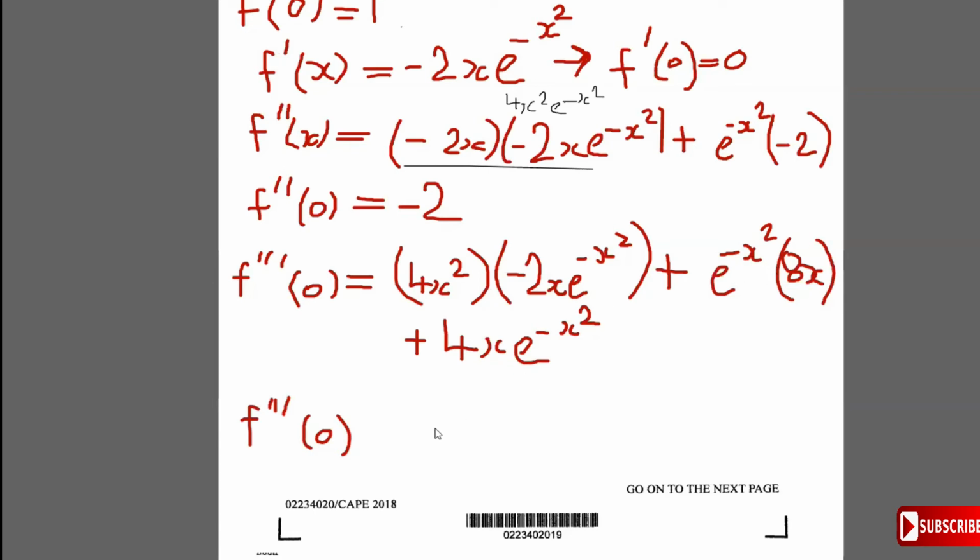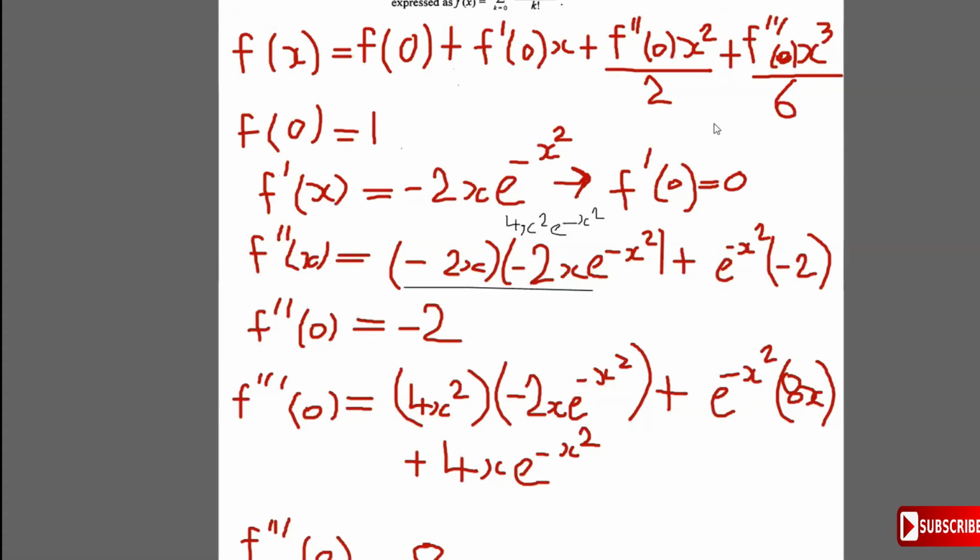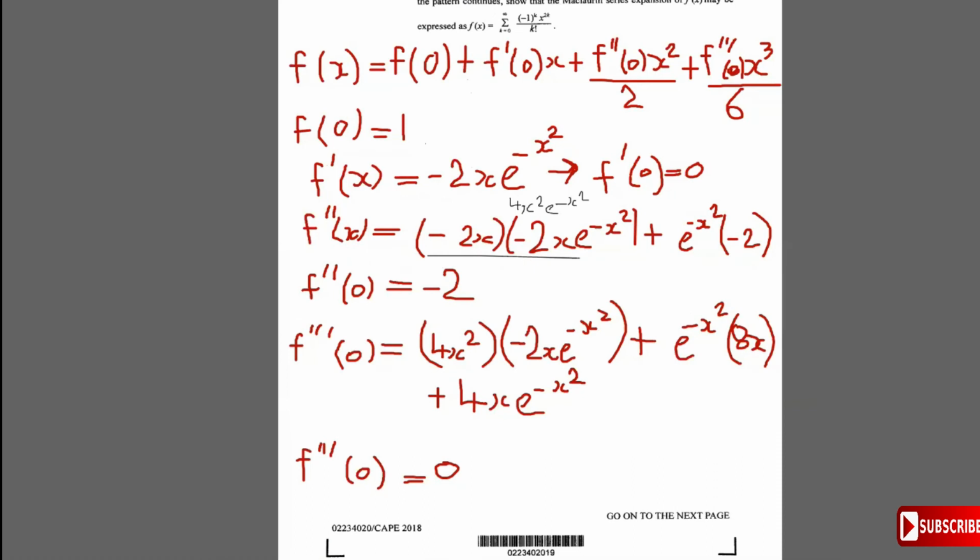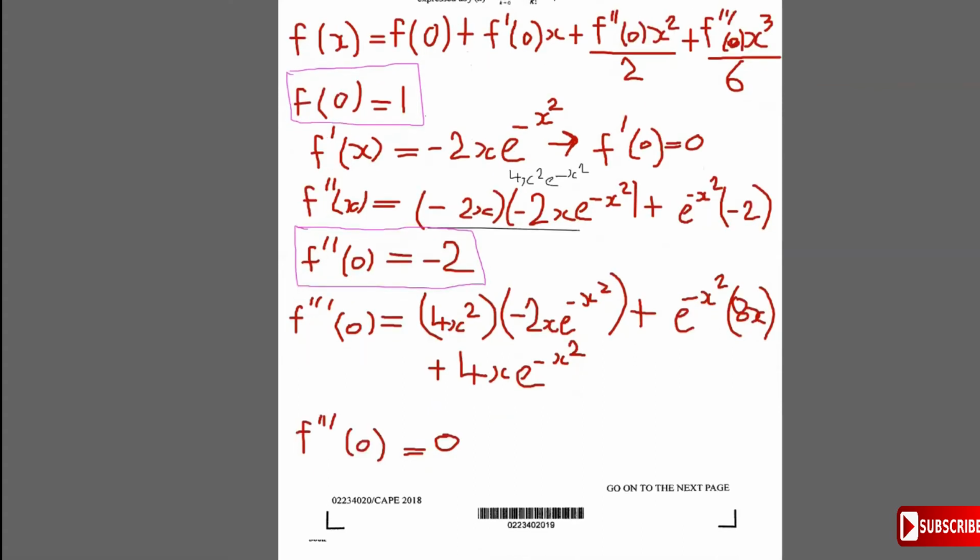This is also giving us 0. Oh my golly, so we're gonna have to differentiate one more time. And you might ask why? Because we need the first three non-zero terms. So far, we only have one non-zero term here, another non-zero term here, and so we need one more non-zero term. Oh boy. So we're gonna have to differentiate yet again.